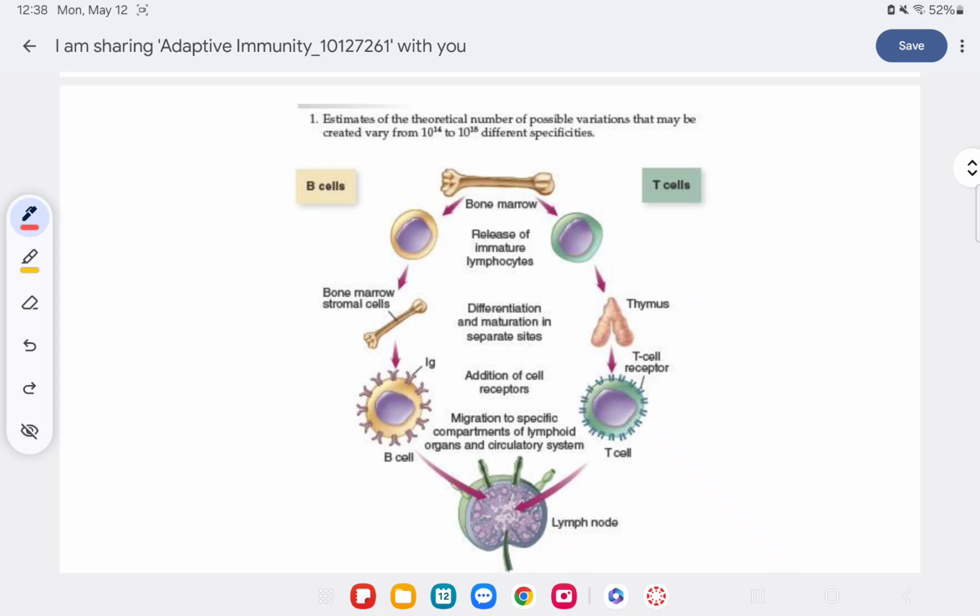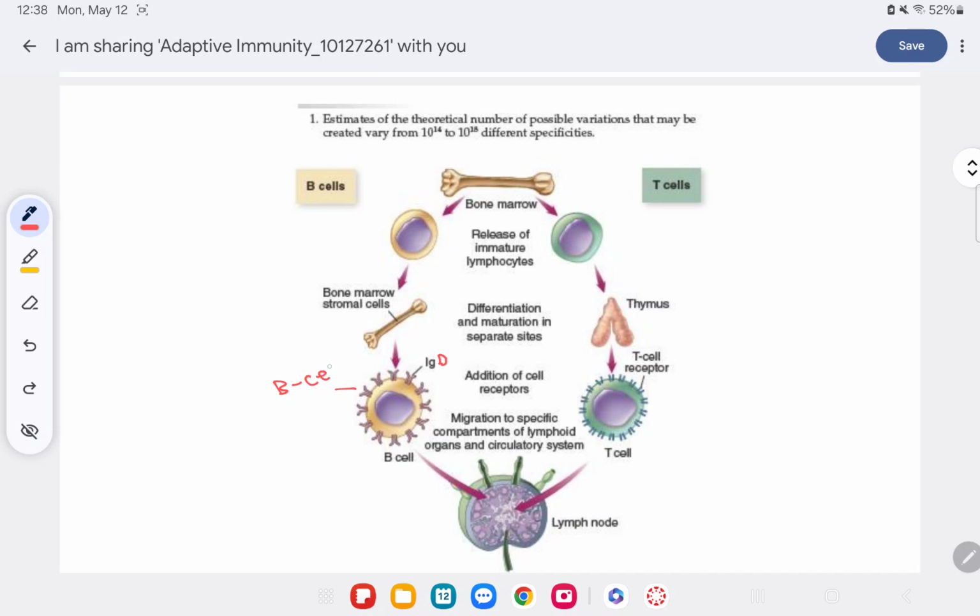So what is expressed here on its surface is an Ig, an immunoglobulin, an immunoglobulin D, as in dog. It's also known as the B cell receptor. So that cell is now expressing a particular IgD, and the B cell right next door is also expressing an IgD, but it looks different.